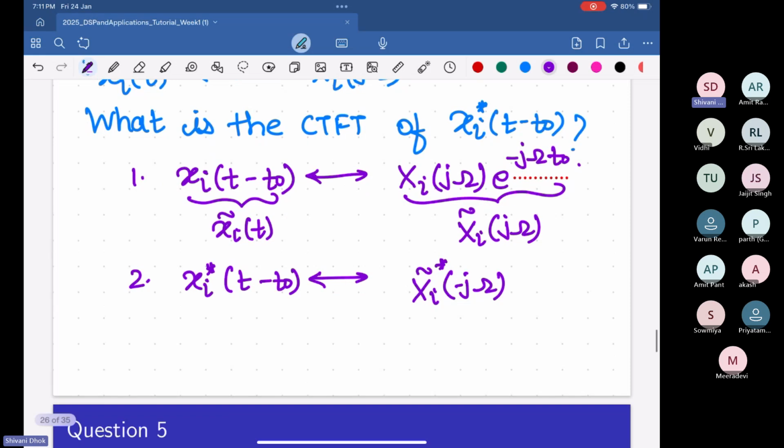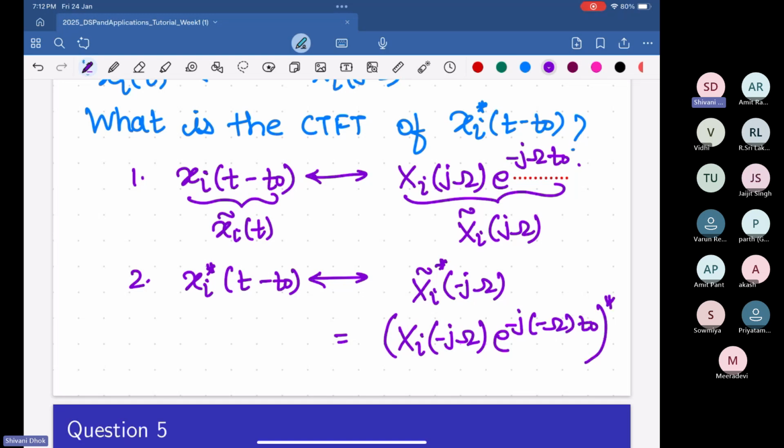Okay. So now in this xi tilde of j omega, we need to replace all of these omegas by minus omega, and we need to take the conjugate. First let us do the xi tilde of minus j omega part. So that will be xi of minus j omega times e power minus j of minus omega t naught, whole conjugate.